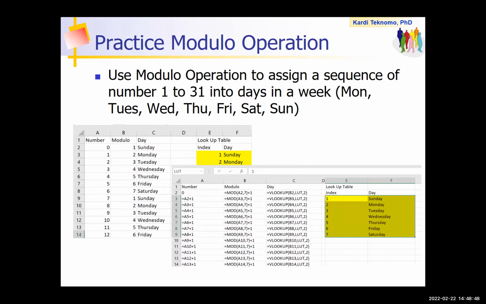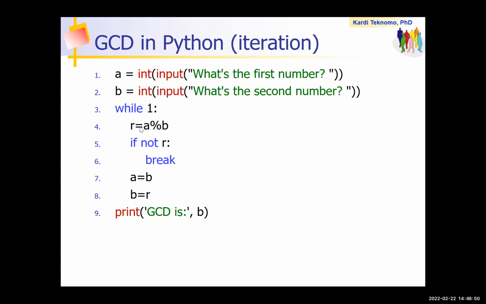So in Python, if you want to use modulus, this is the code. Line 4 in here is the modulus, A modulus B. R in here is the remainder. That's why you learn about modulus. So if you want to use this code, all you need to do is to copy and paste this and then run it in Python.